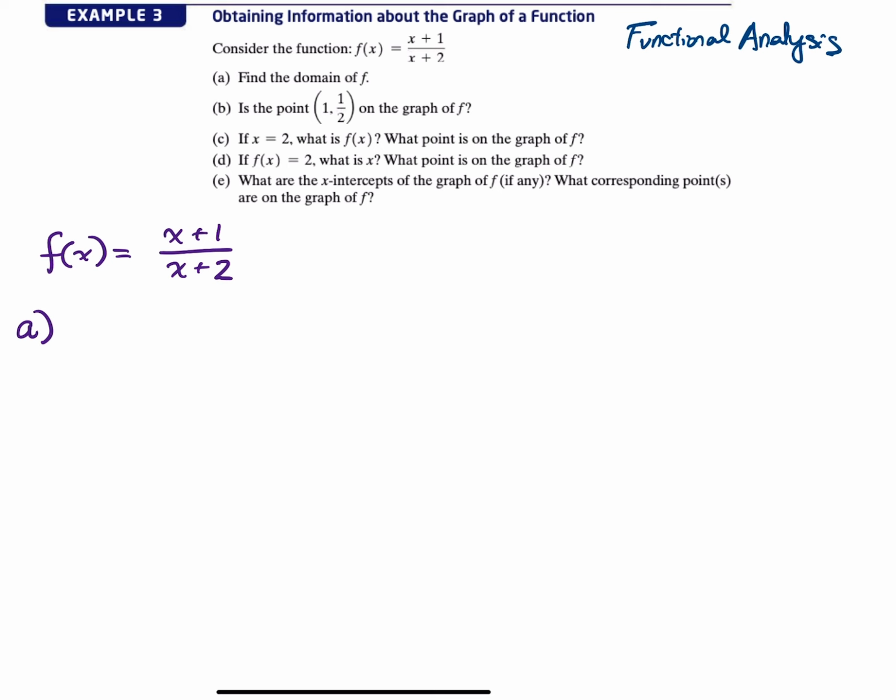So for rational functions like this, we have that first case where we have some x in the denominator. So our function f is undefined for any values of x that makes us divide by 0. So that makes the denominator equal to 0.